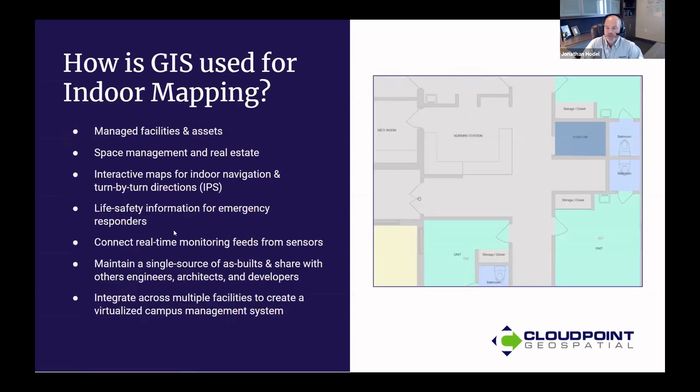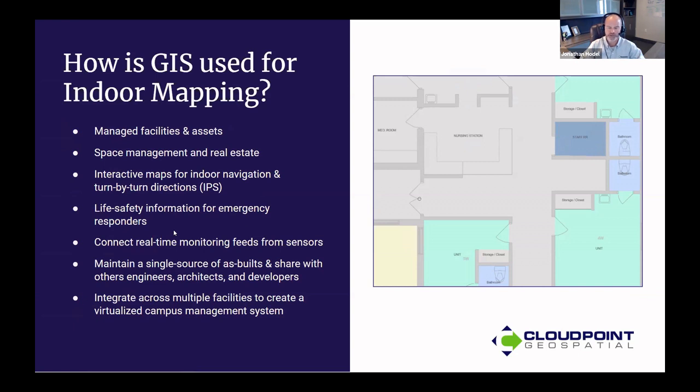So how is it used specifically? Some ways that indoor mapping is being used in GIS. Facility management is a big one. Space management and real estate. Space management being, is this conference room being utilized enough? Are there other conference rooms available, is an example with space management.